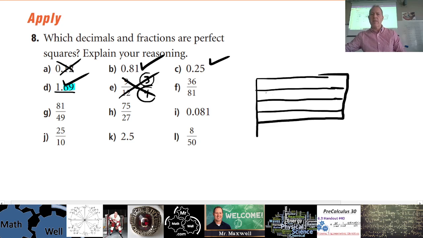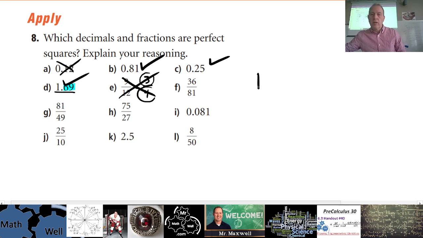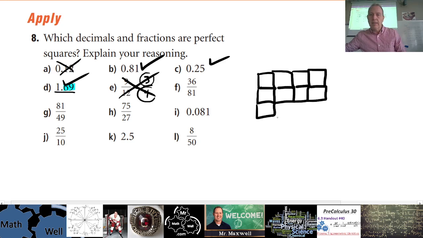So let's say this is my rectangle and I need 1, 2, 3, 4, but I need 3 separations here. That's terrible. Okay, 1, 2, 3, 4, 5, 6, 7, 8, 9, 10, 11, 12. Okay, I've got 12 there.